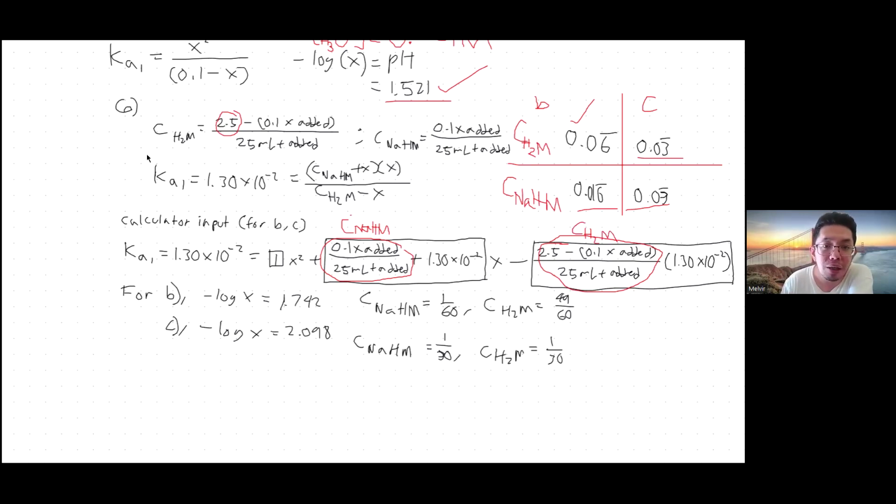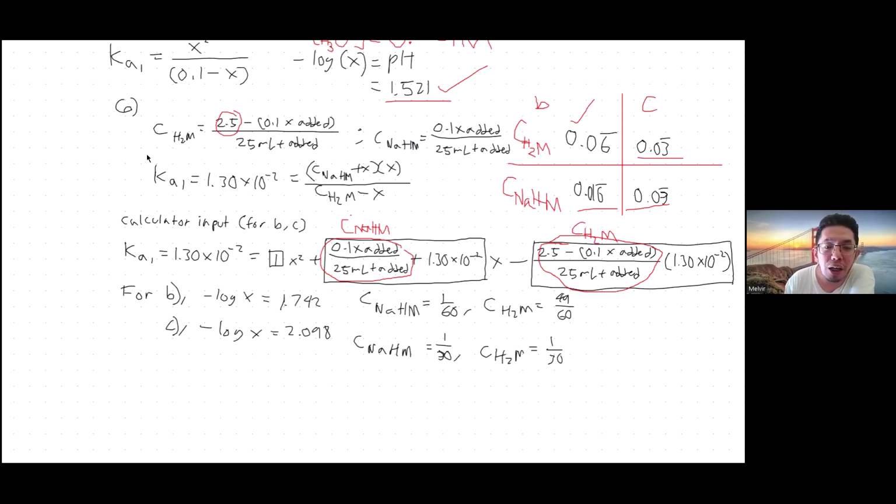Then once you get this, you'll have an X value. So kung sino yung positive na X value doon, syempre siya yung concentration. That will be the value of your hydrogen as well, or hydronium ion. And then you'll get the pH.